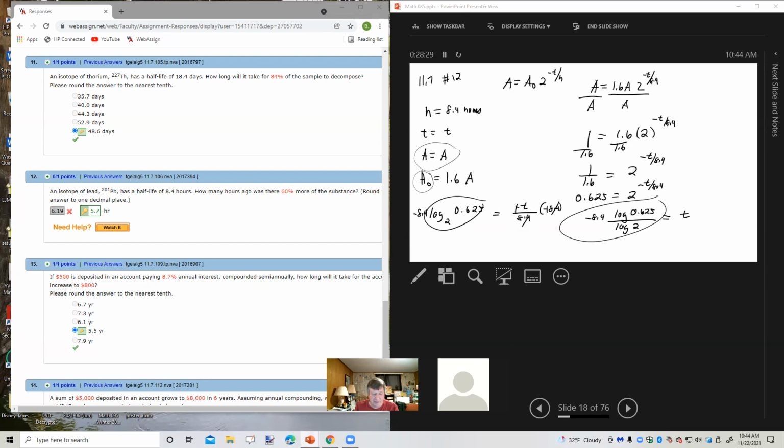So let's put that into the calculator. Negative 8.4, and then log of 0.625, close that up.